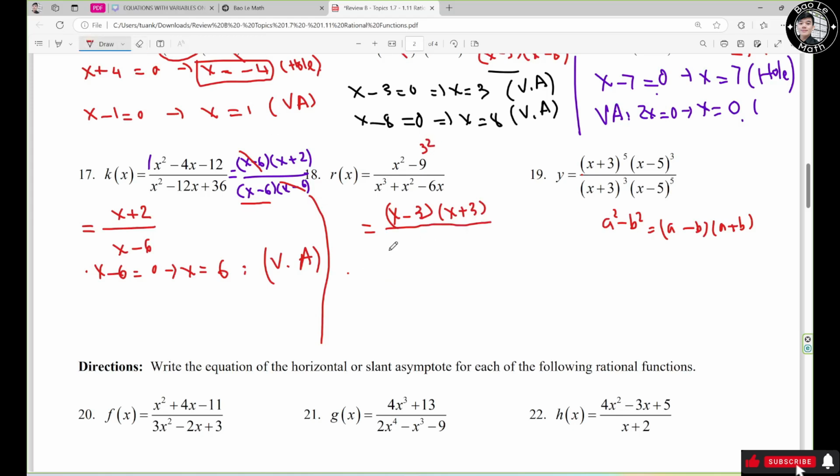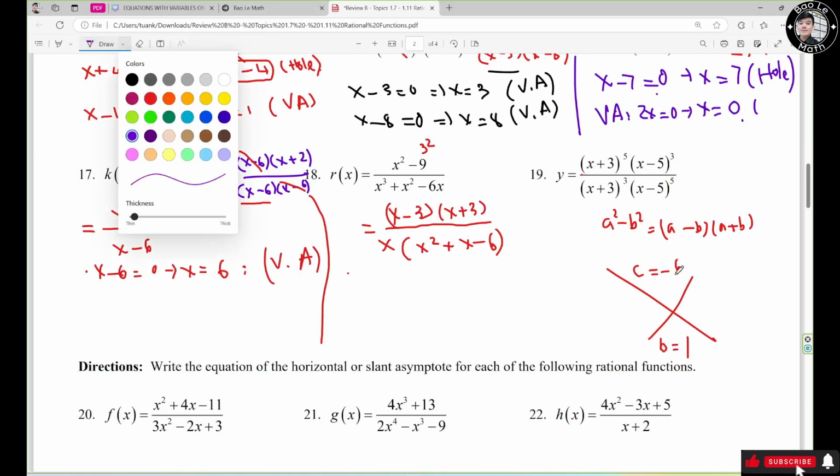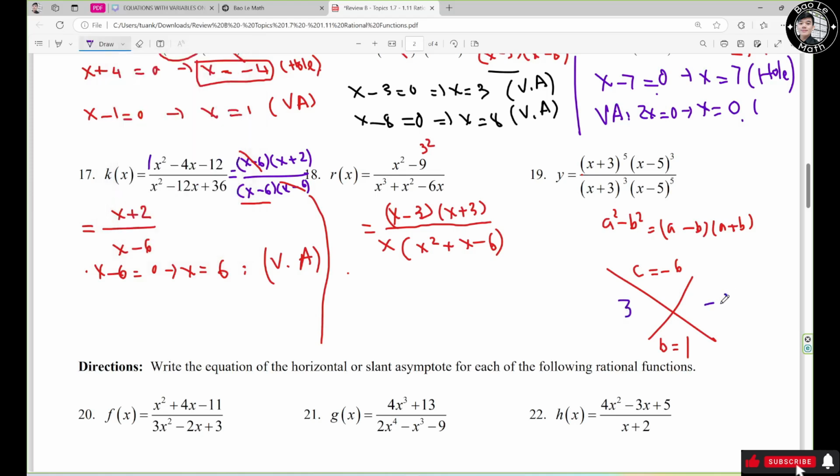Now the denominator right here, you just factor it, so you have s squared plus s minus 6, right? Now you need to use the AC method to factor each trinomial, right? So you're going to put c right here, it's going to be negative 6. You're going to put b right here, it's going to be 1, right? Now you need to find two integers that multiply to negative 6 and add up to 1, which is 3 and negative 2, right?